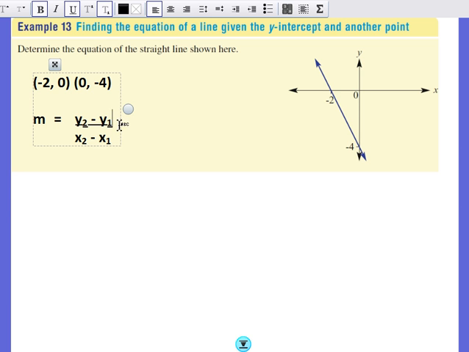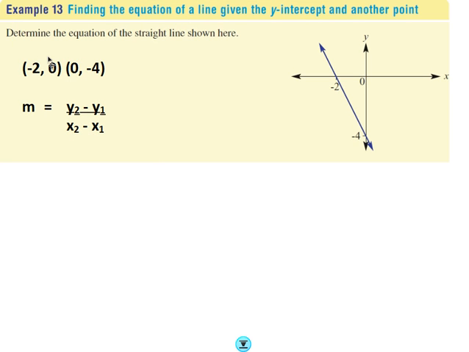So in other words, the difference between the two y's divided by the difference between the two x's. So let's name our points. I'm going to call this first point point 1, so this will be x1 and this will be y1. And this is the second point, so this will be x2, and this will be y2.